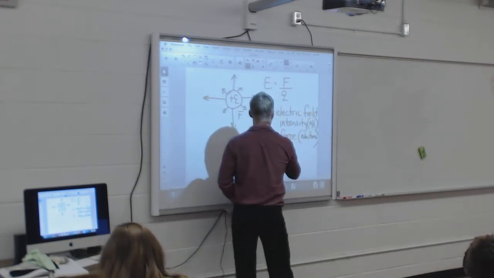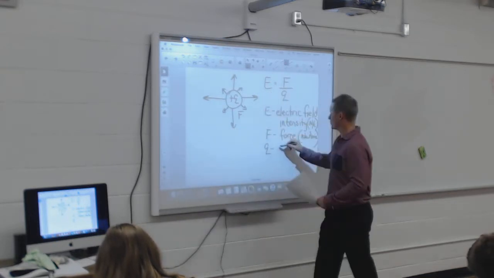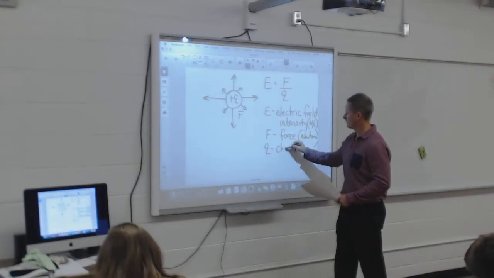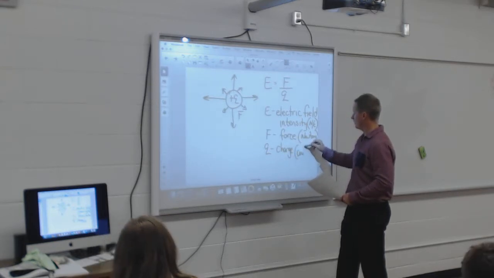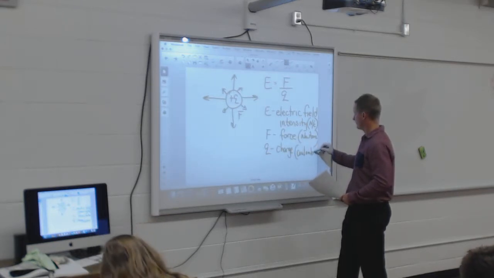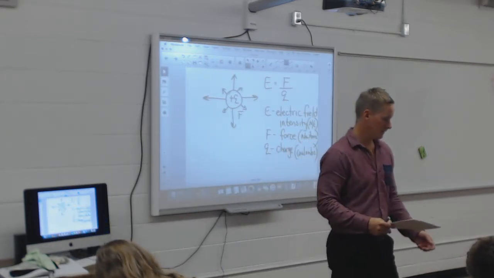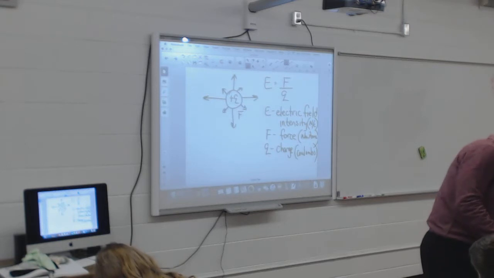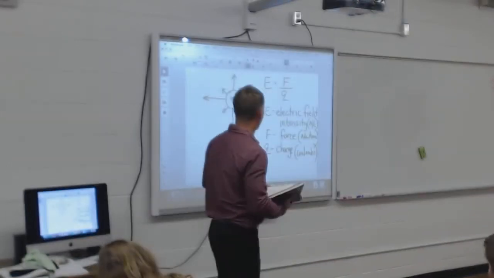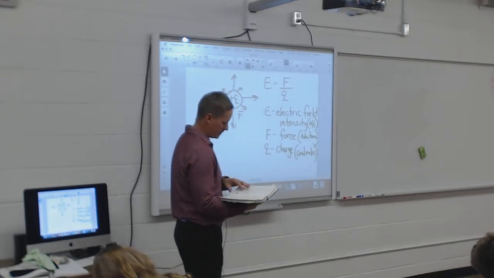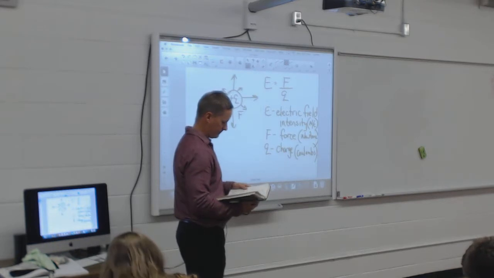So I'll talk about that for 1 second. And Q is the quantity of the charge, and it's measured in what we call coulombs. So E equals F over Q. This is called electric field intensity, and it's measured in newtons per coulomb.